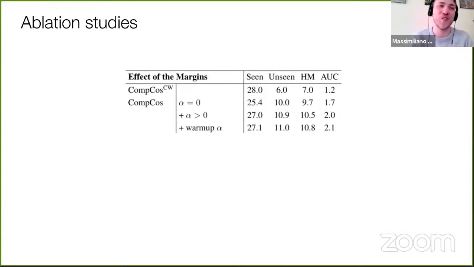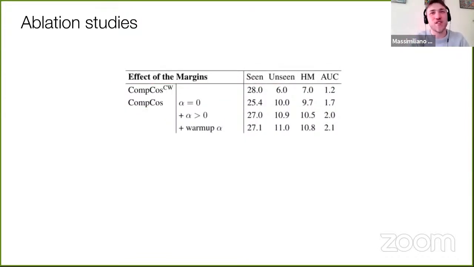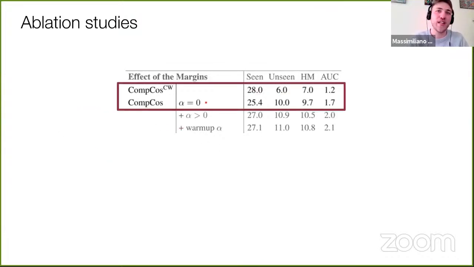Okay. We are close. And so just as ablation, if we start with the closed world model and we add the fact of having at the denominator the full compositional space, so all combinations, without taking into account the feasibility, there is a large jump in performance. So already we go from 1.2 to 1.7 AUC.